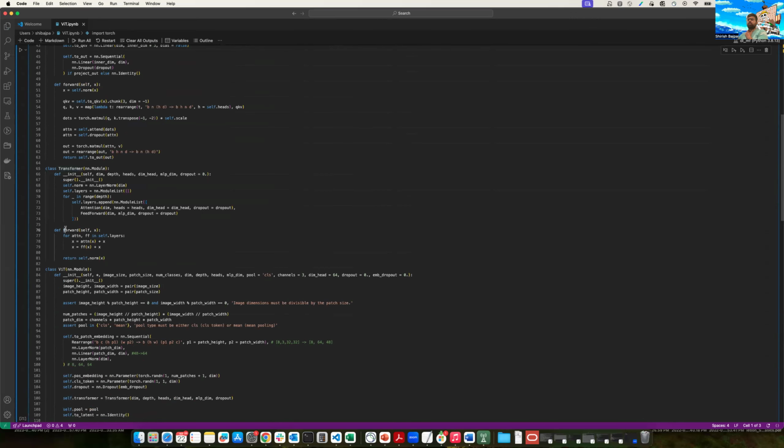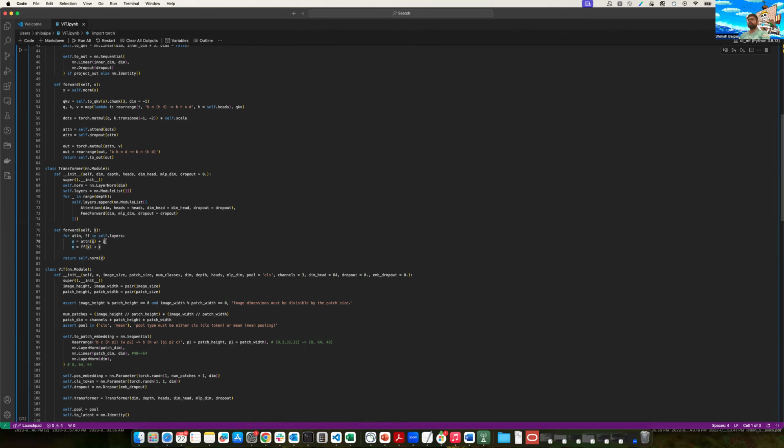Now here, if you look at the forward function, there is a for loop which depends on the layers, like how many encoder modules you want in your transformer. Each of those encoder modules will have an attention module and a feed forward layer.